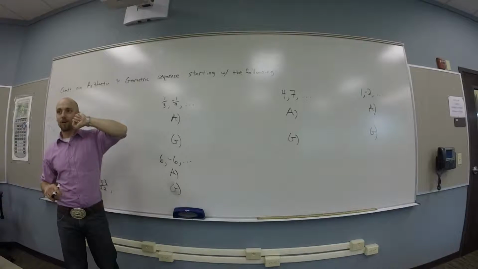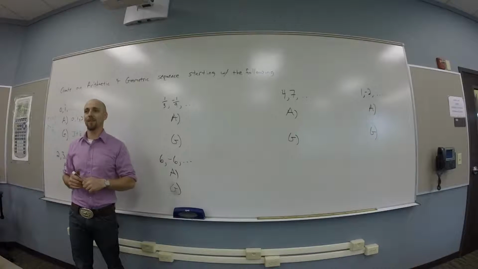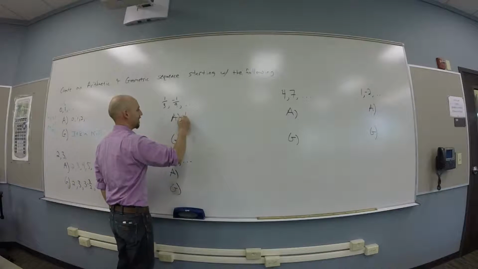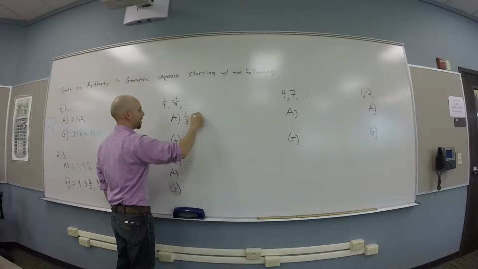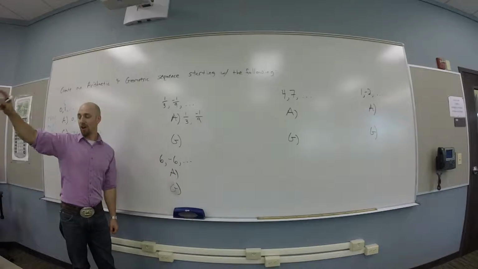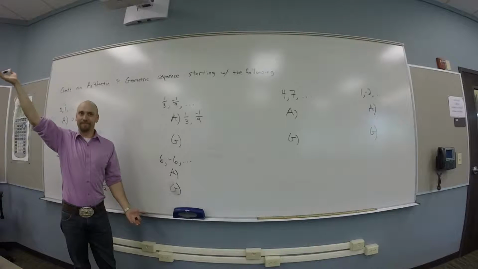A third, a ninth. Oh wait, a third, negative a ninth? Which one are you doing? I subtracted the bottom by 12. You can't do that. You're supposed to find a common bottom.